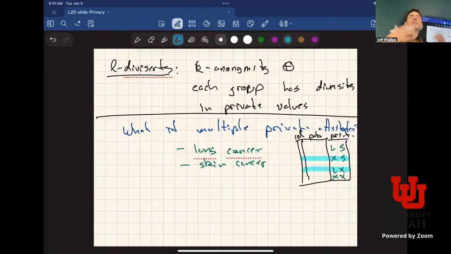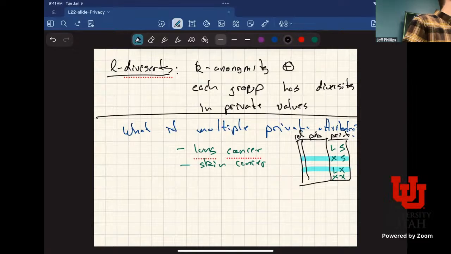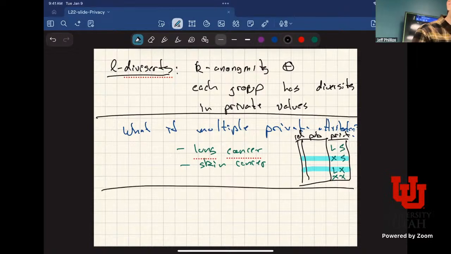And so there's some health ailment with the governor; you could say the governor is in this unhealthy category. Even though I've anonymized, I don't know exactly what it is, but there's something wrong with the governor. So this kind of issue was not solved by L-diversity. Okay, so then there's one other popular measure called t-closeness.